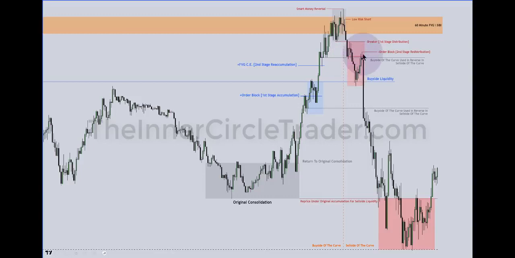So where would the second stage distribution or redistribution be? In other words, instead of saying this one is your second stage redistribution, which means it's going to be the highest degree of speed, magnitude, and impulsiveness to go lower, quicker, if it's not this one, and you've classified that as your first stage distribution, and you're surprised with a sudden drop, you're going to be standing there like a deer in headlights thinking, what am I supposed to do?